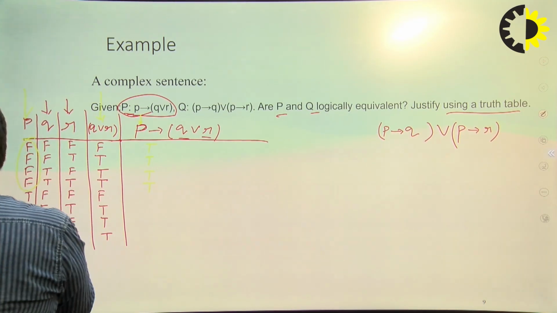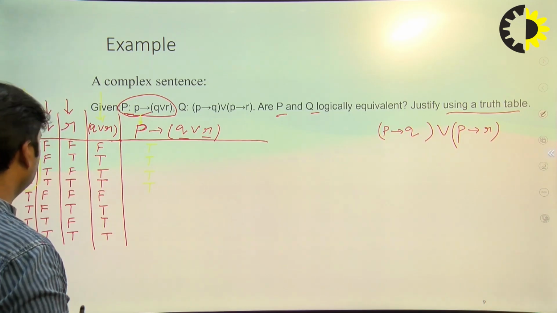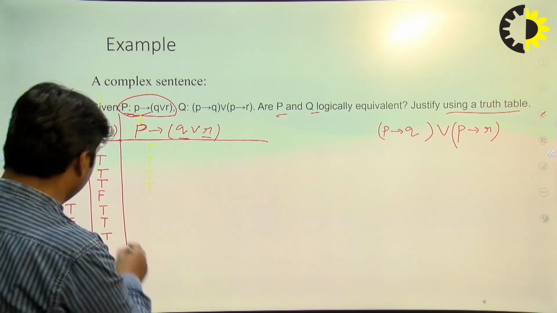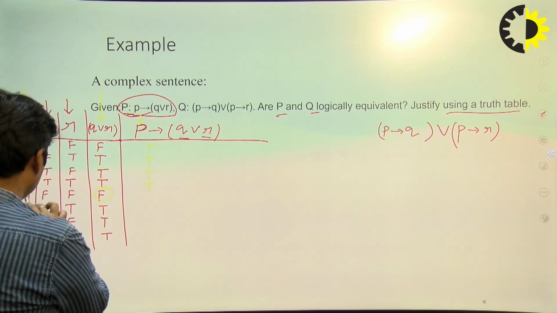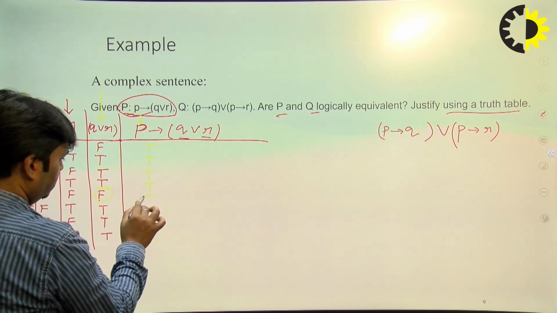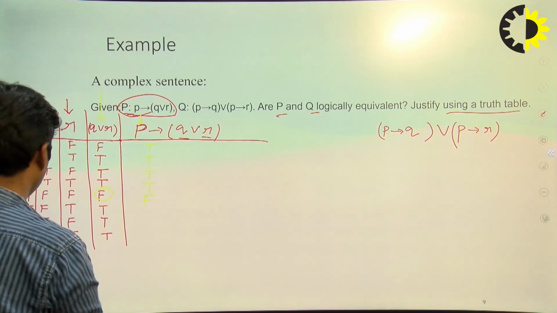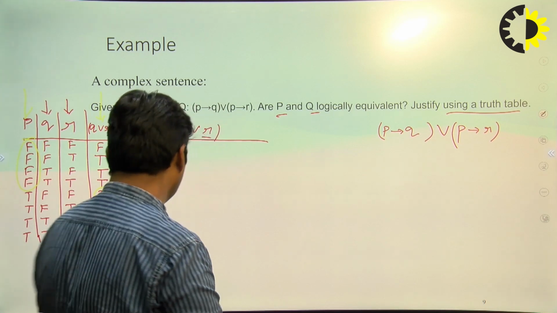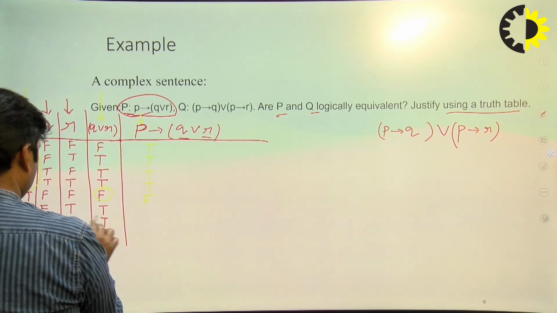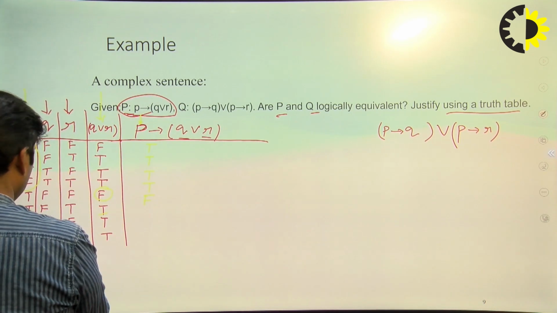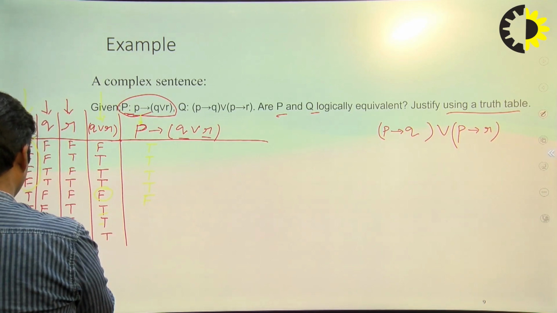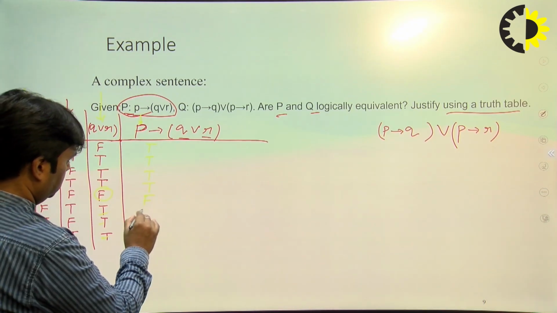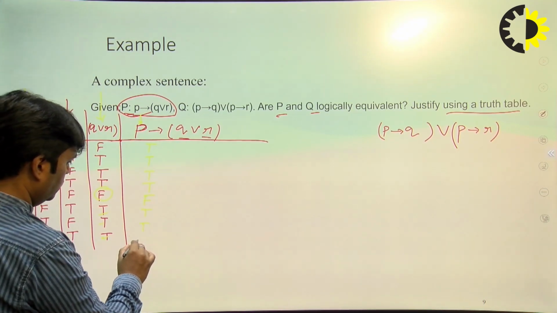If the first element is true, then we go for the second element, that is false, so the output is false. If both are true, then the output will be true. So these are true, true, true.